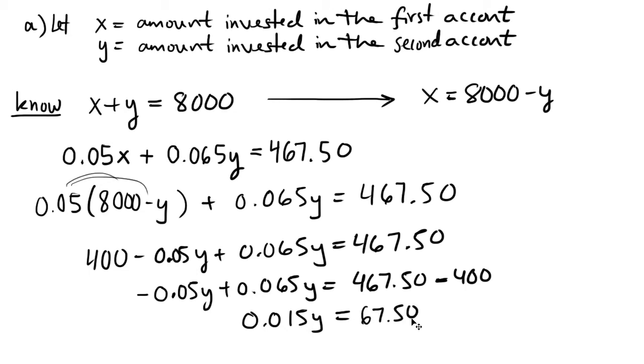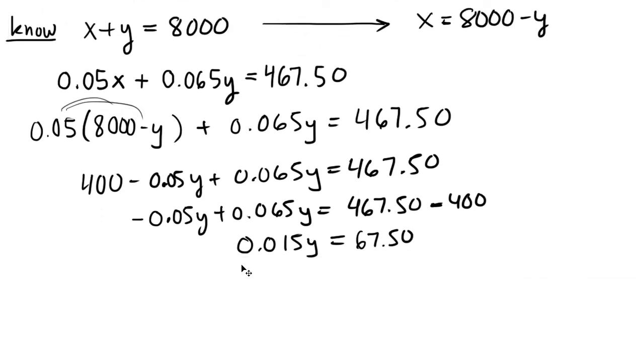So now to finish this, I just have to divide both sides by the number in front of y. So let's see what we get for y. This is going to be the amount invested in that second account. So 67.5 divided by 0.015 is $4,500. It's nice that it's a nice whole number.